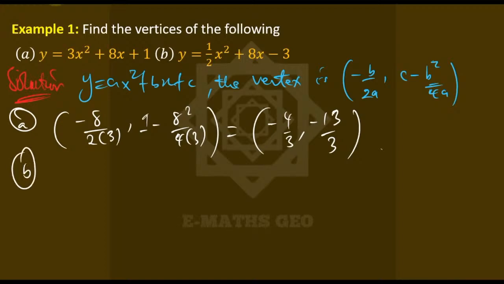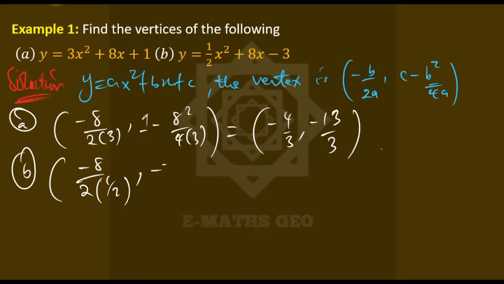So for the second one, the same thing. b is what? 8. So I have minus 8 over 2 times a. a is half, comma. The other one is minus 3.